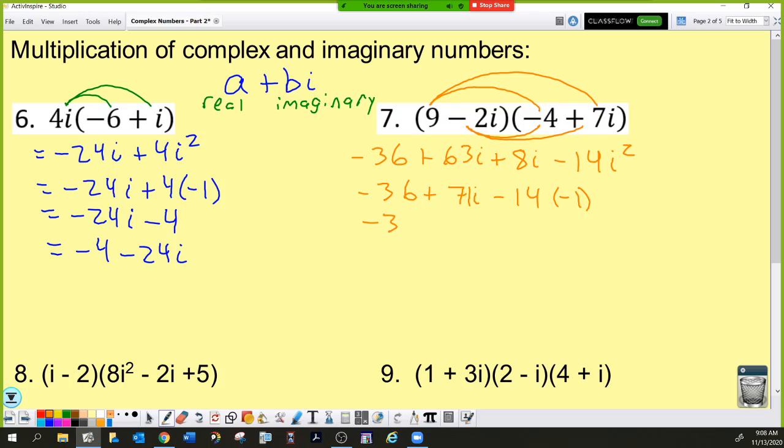So this is actually negative 36 plus 71i plus 14. So we can combine 2 more like terms. The negative 36 and the 14 can be added to give me negative 22, and the real number, meaning no i, must be written in the front. That's finished. You've successfully multiplied 2 complex numbers. The result is a complex number.